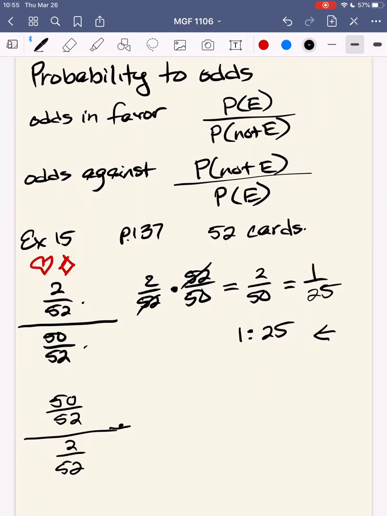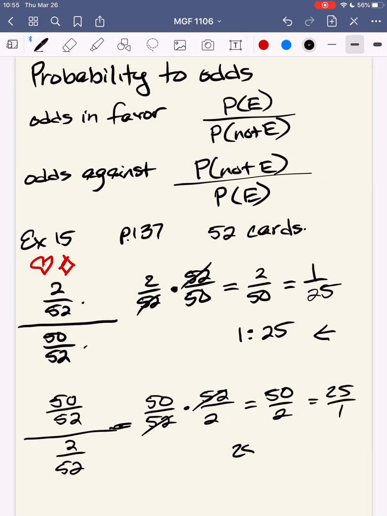Then I do the same trick: 50 over 52 times 52 over 2. Those still cancel. I end up with 50 over 2, which is 25 over 1, or 25 to 1. So you see it's just the reversal of what we just did.